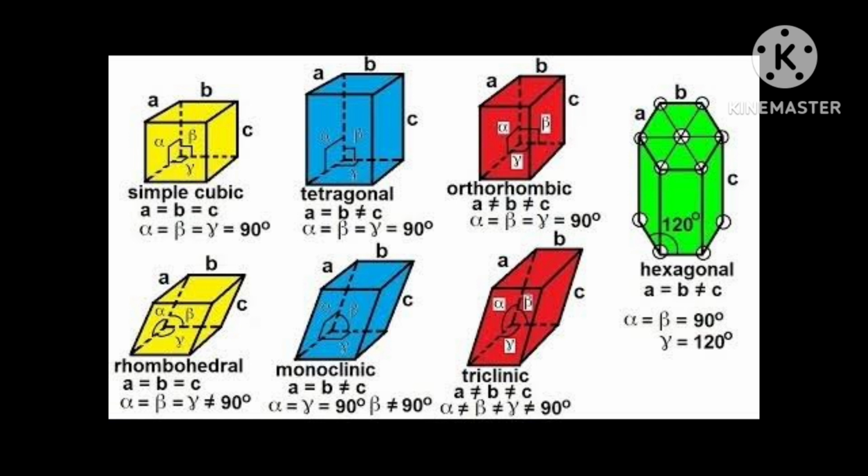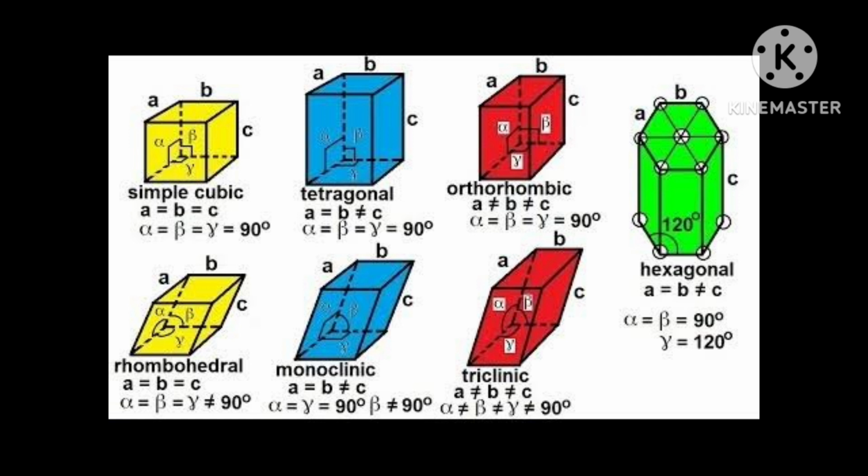In three cases I have discussed, and already I have told you in all there are 7 types of primitive unit cell. Give importance to the word primitive. Primitive unit cell means that, whatever the structure, particles are there at all corners, only at corners.